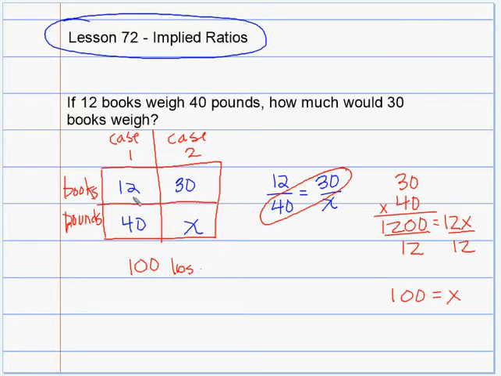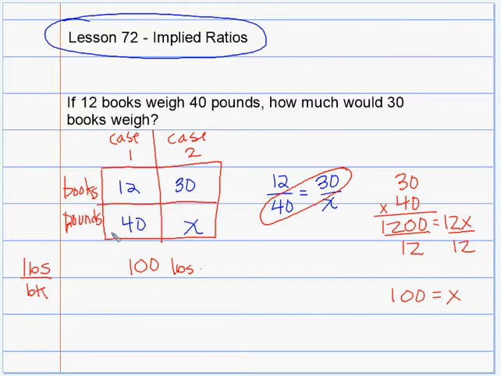You can also divide to figure out how many pounds per book. Be careful that you do that in the correct way. You cannot divide the number of books by pounds to get pounds per book. You would need to divide the pounds by the number of books.